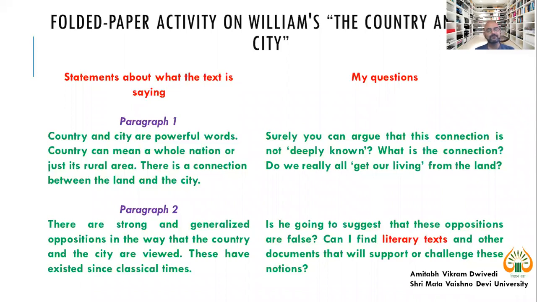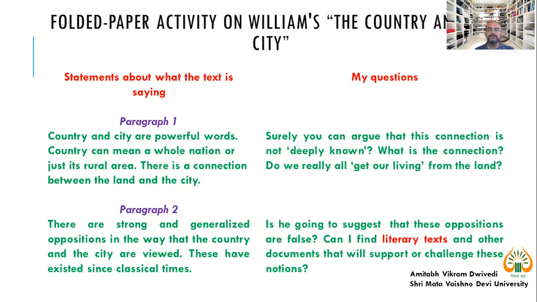Now the second paragraph, and again I have summarized it in the left hand side column. There are strong and generalized oppositions in the way that the country and the city are viewed. These have existed since classical times. Now, what is my voice?